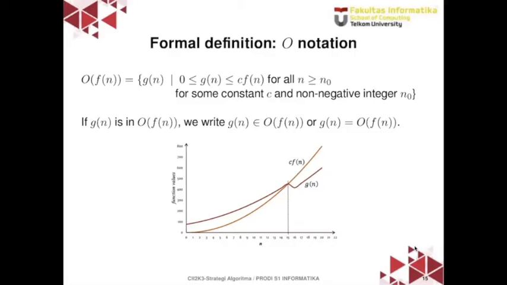It can even fluctuate like this, or G can also be very large at first, but we only care that after some point Gn is always beneath Cfn. So in this case, we can write that Gn is in big O Fn, or we can write it like this with the equal symbol.